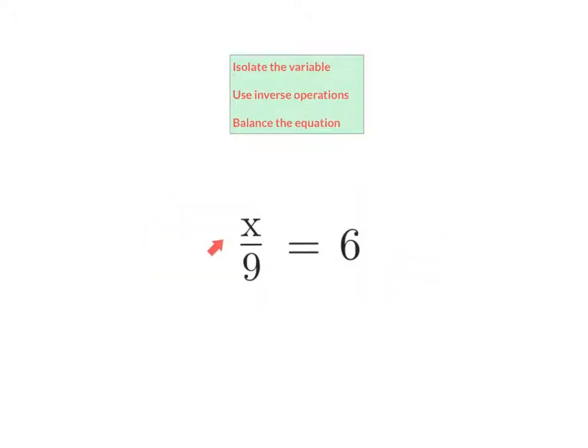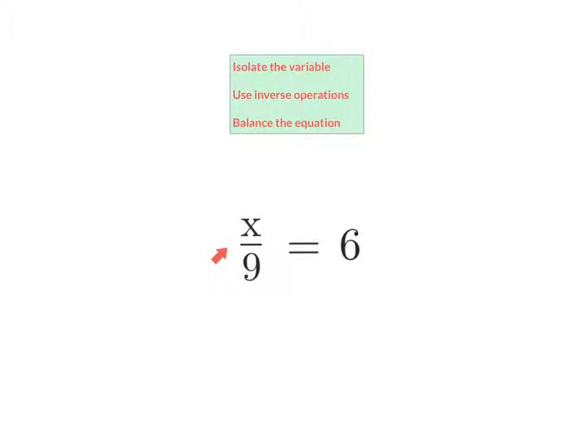In my next equation, I have x divided by 9 equals 6. Notice that I have division in algebra here represented as a fraction, and in order to undo the division so that I'm isolating my variable x, I'm going to need to do multiplication.